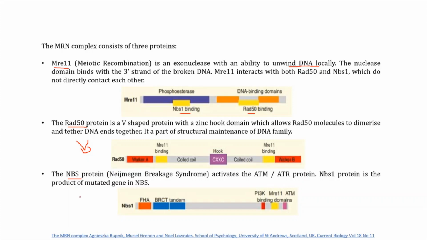And finally the NBS protein, which is the Nijmegen breakage syndrome protein, is responsible for activating the ATM protein. The NBS1 protein attaches to the MRE11. So altogether, the MRN complex consists of two MRE11 proteins, complexed with two RAD50 proteins and one NBS protein.